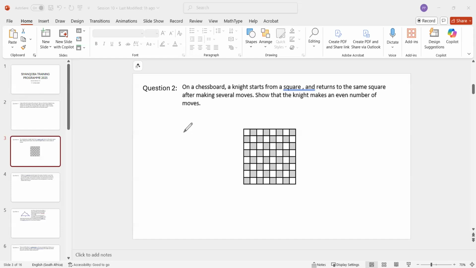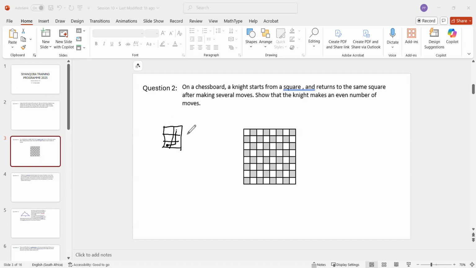So I don't know whether you know how a knight moves. But if you don't, it moves like this. A knight moves in the L shape. It goes 1 in any direction, and then 2 more in the opposite direction.